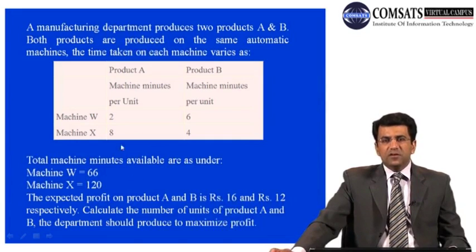After analyzing this situation, we came to know that there are two decision variables, that may be x1, x2, or x and y. That is the number of units of product A and the number of units of product B.